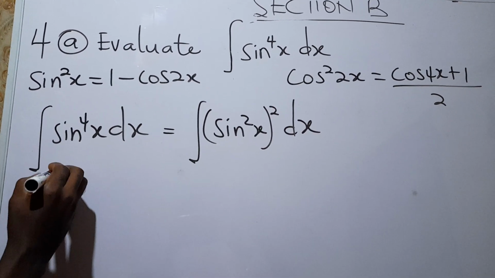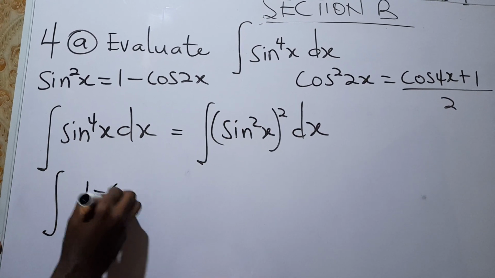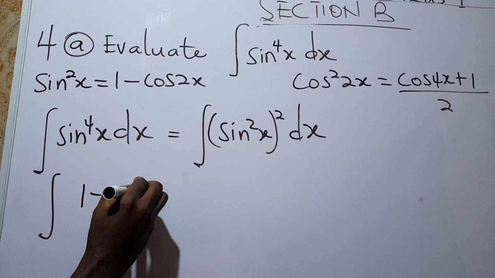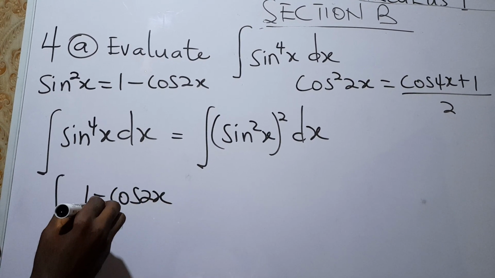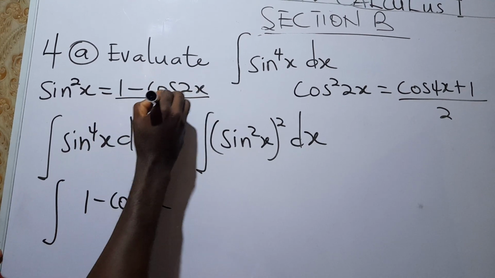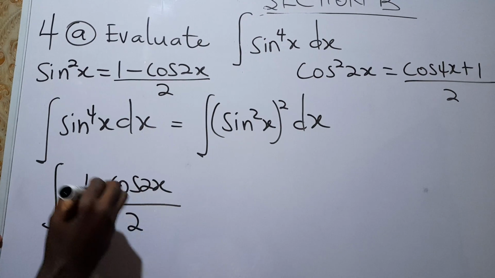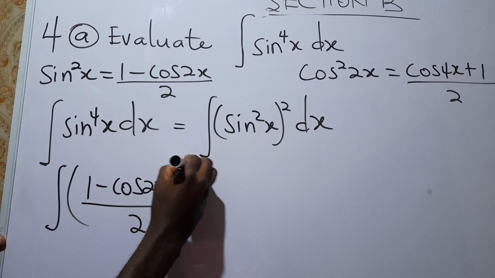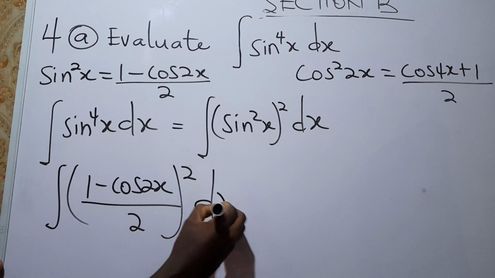So we can say that this will be 1 minus cos 2x. Please, in our first, there is over 2 there, if you remember very well. All over 2 all square dx.